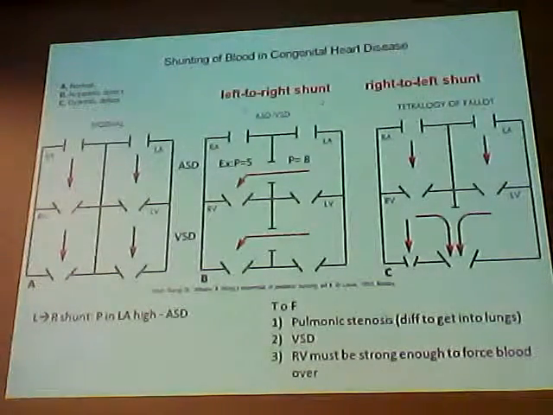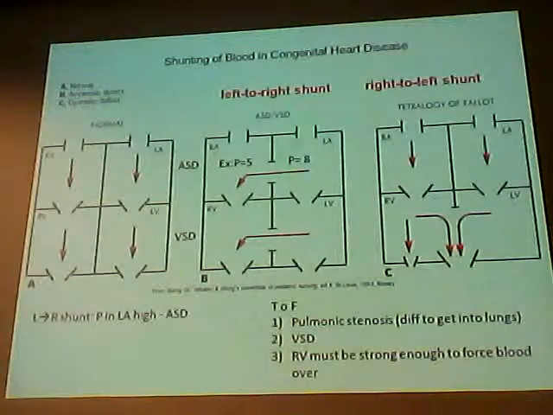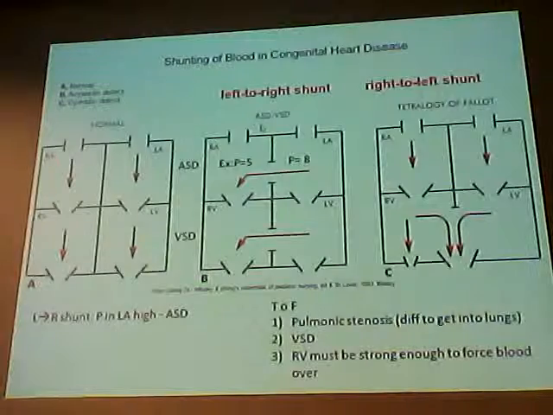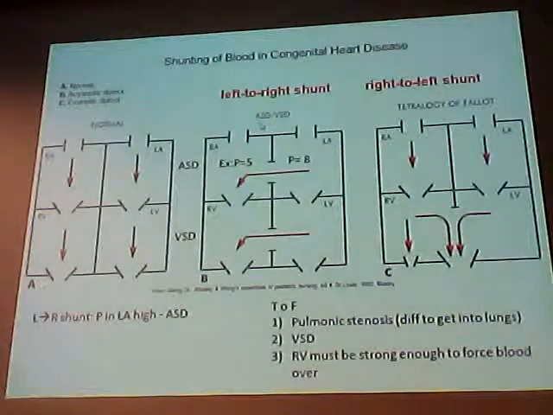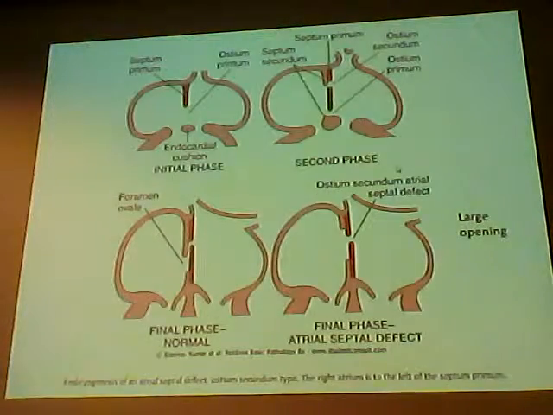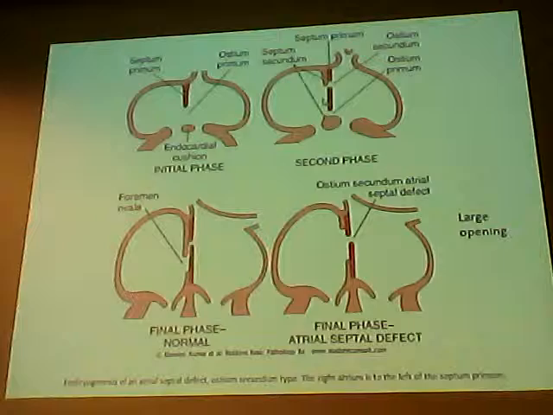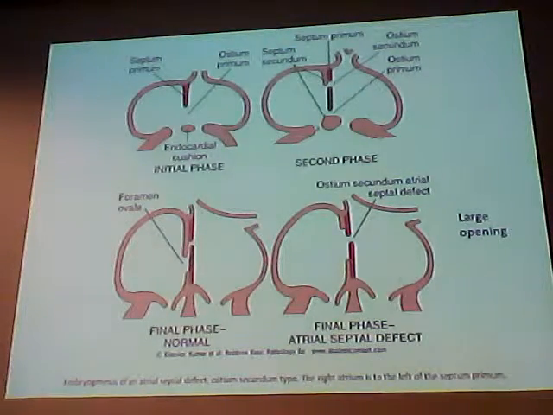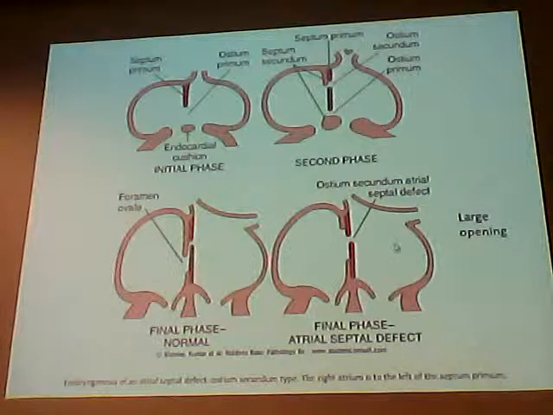What can happen is you can have shunts. Normally blood would go unidirectionally, from one side to the other. But if there's a pressure buildup, or you have an atrial septal defect or a ventricular septal defect, as this page shows a little better, the septum, which typically separates left from right, becomes defective and can leave space between the two.